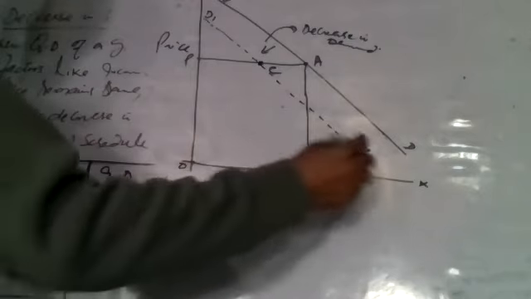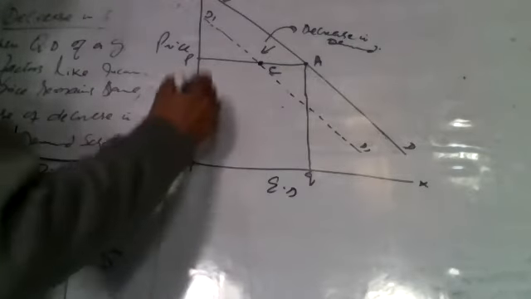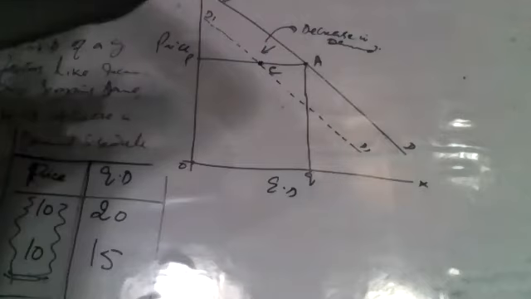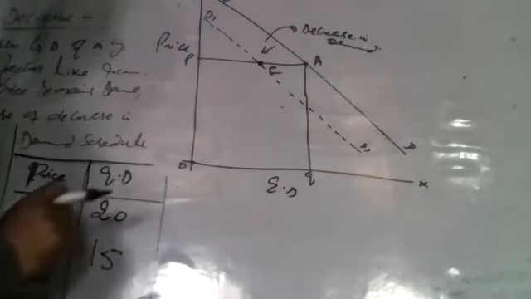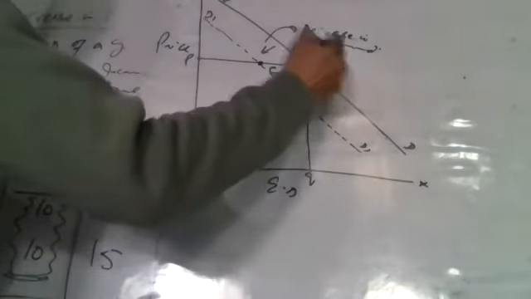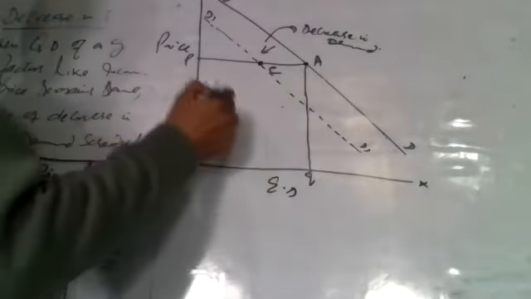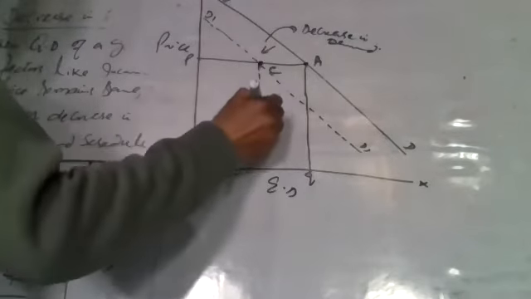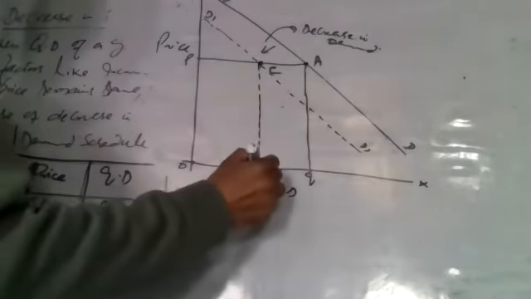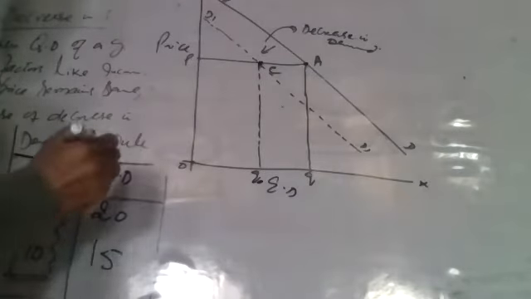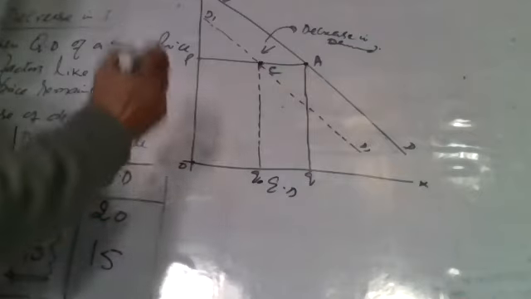Along OX, we measure quantity demanded, and along OY, we measure price. Our demand curve is DD, and the market is at point A, where OQ is demanded at OP price. For example, quantity demanded of the good decreases from OQ to OQ0, but price remains the same.